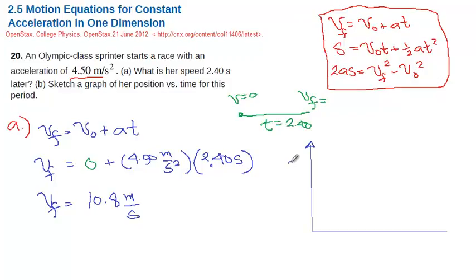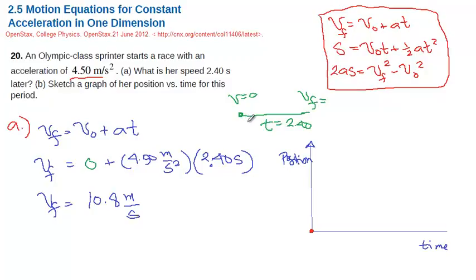Let me call that position, and in our x-axis this is time. So if we start at time 0, where will your sprinter be? Of course, at position 0 also.